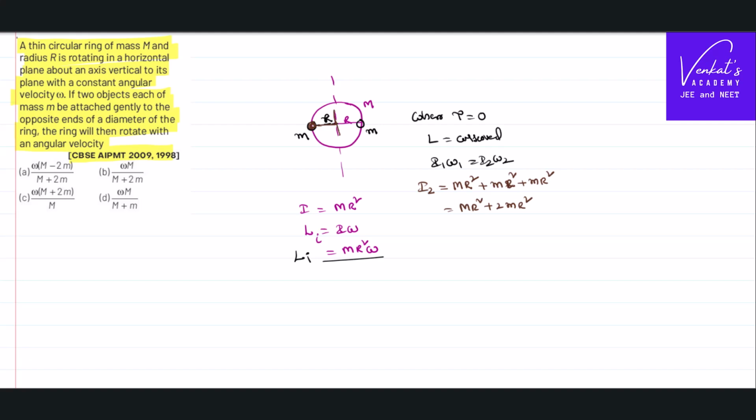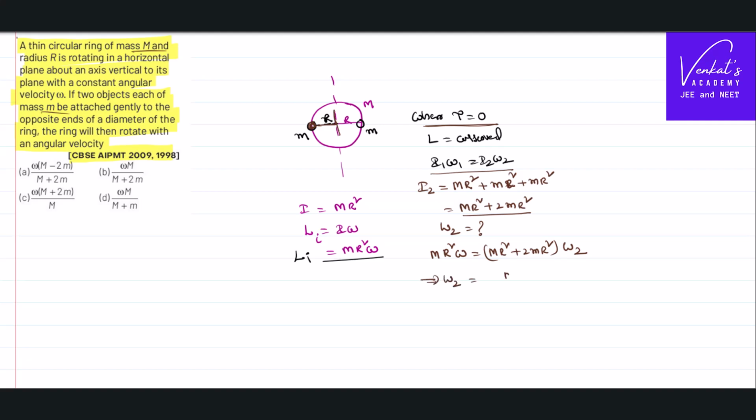Now, what is the new angular velocity? As it was not mentioned that any external torque is acting, we shall assume that there is no torque acting. So momentum is conserved. I can use this formula. I1 omega 1 is MR squared omega. I2 omega 2 means MR squared plus 2 small m R squared, because the mass of the object kept was small m, whereas the mass of the circular ring is capital M. Omega 2 is what I have to find out.